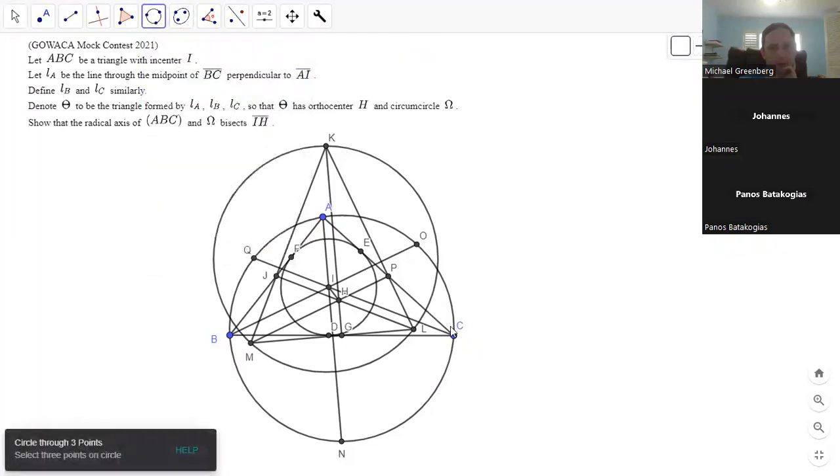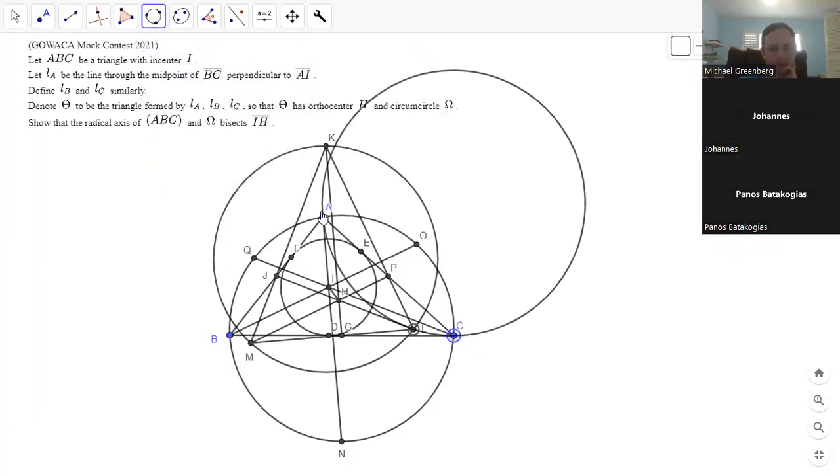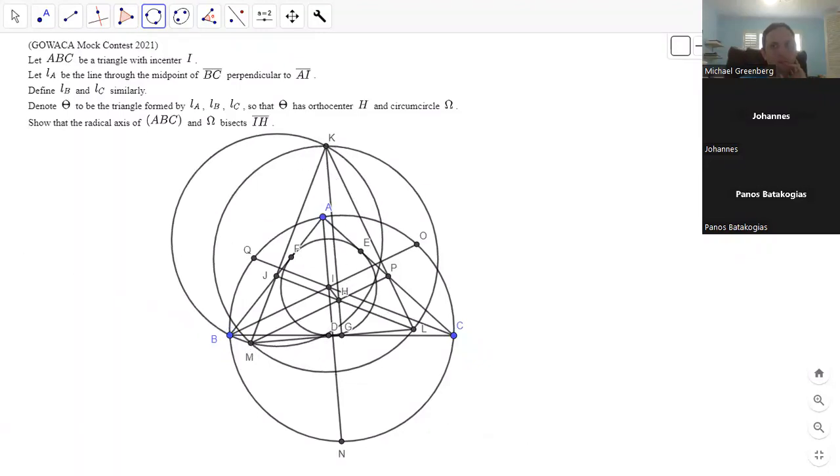So yeah, that's the first question. If we take a general triangle ABC and we draw the three midpoints of the sides and we take parallels to the angle bisectors, is it obvious that those should concur?